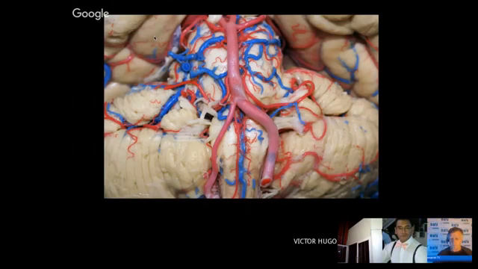Nowadays, we can get some beautiful photographs about this. In this case, you can see the vertebral arteries. One of them is hypoplastic, the right vertebral artery, and the left is giving rise to the basilar artery.